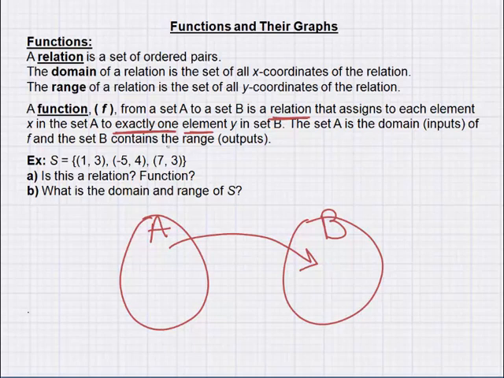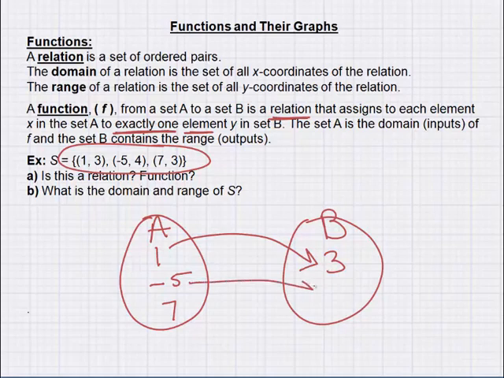So look at this relation right here. It has domain values 1, -5, and 7. Now 1 gets matched up with 3, -5 gets matched up with 4, and 7 gets matched up with 3.